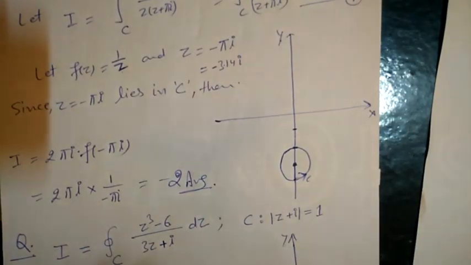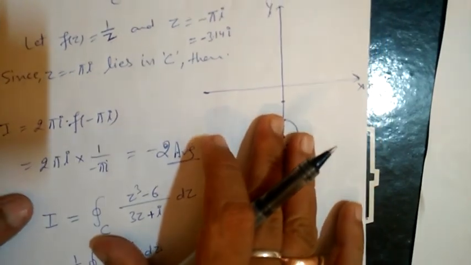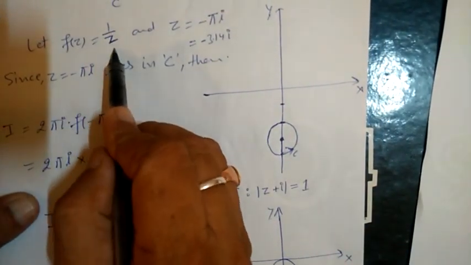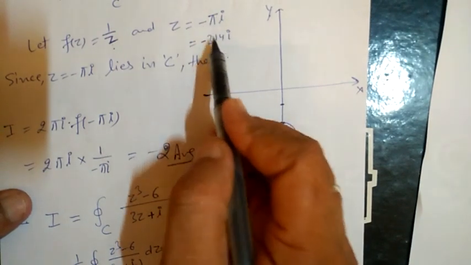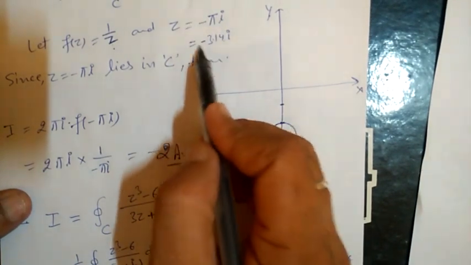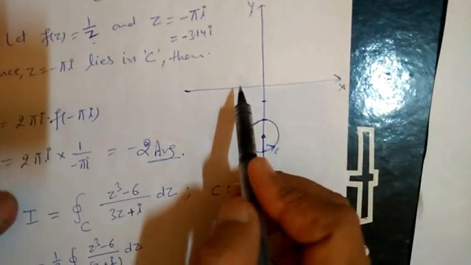If we compare the given problem with this standard form, f z is equal to 1 upon z and z naught is equal to minus pi iota, because the value of pi is 3.14, so z is equal to minus 3.14 iota.